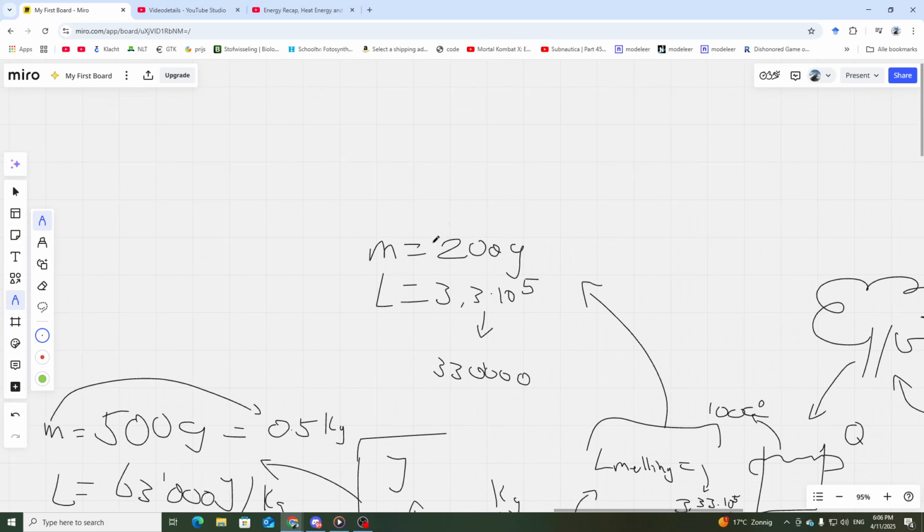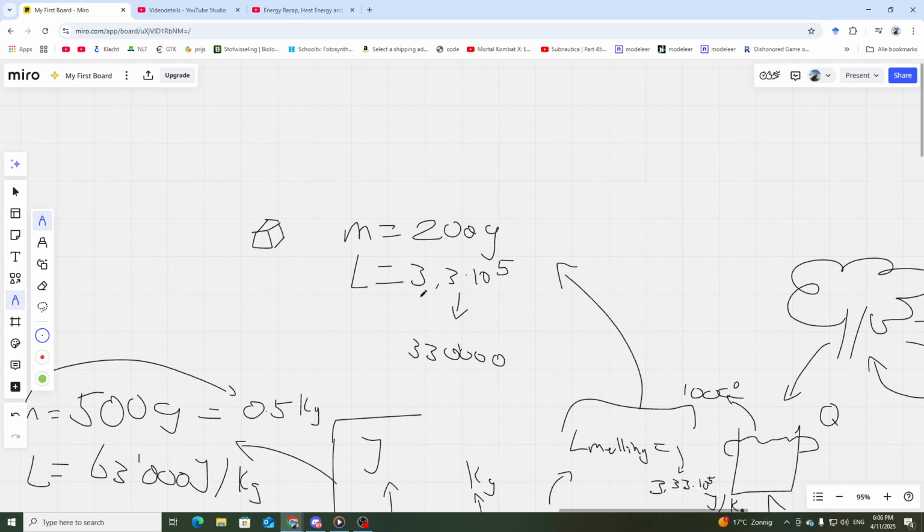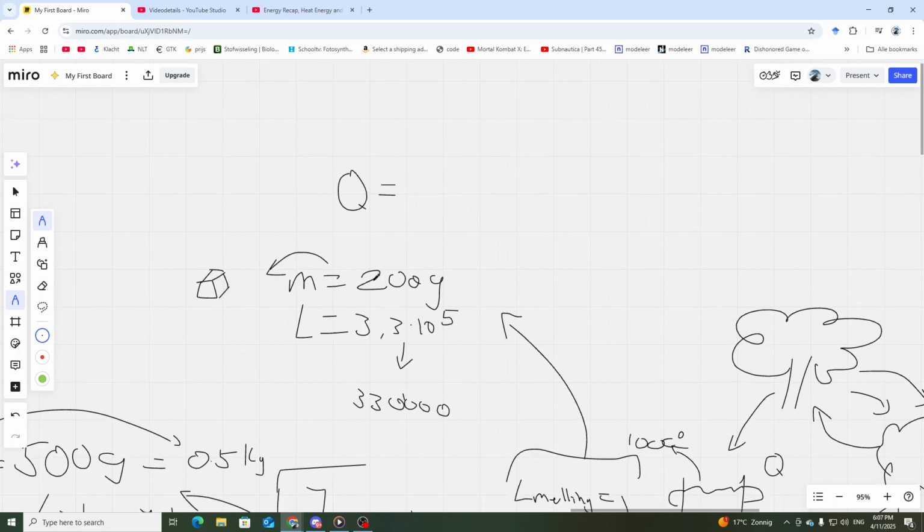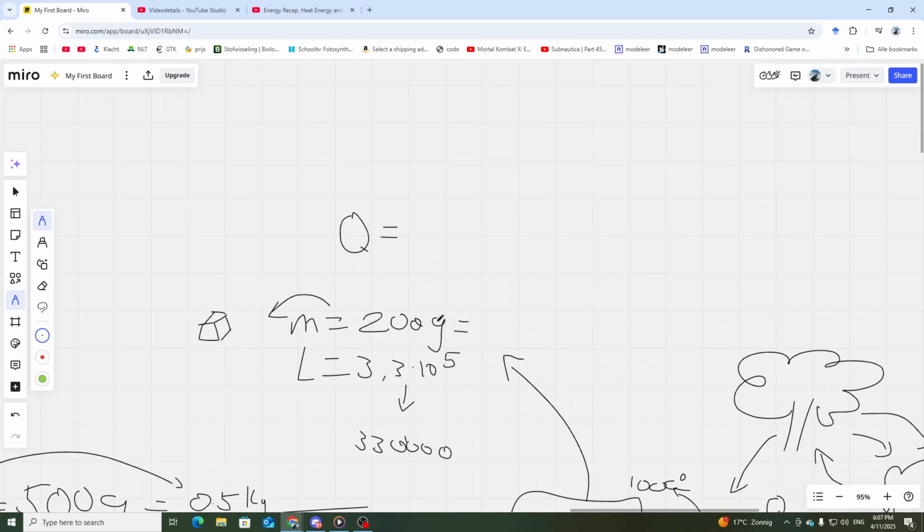Okay, so I have 200 grams of my ice. Here it is. This is my ice. It's a big cube of 200 grams. And I want to know how much energy is needed to melt this. Okay, well, I know that here we have my L and here we have my M. What is this? 200 grams is, you guessed it, divided by 1,000 to get to kilograms, 0.200 kilograms.